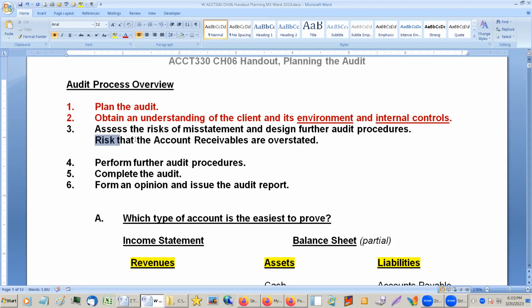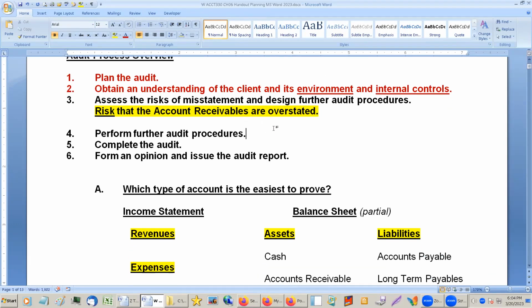Okay, so assess the risk. If we came up that there's a risk that the accounts receivable were overstated, maybe it could be in general what we noticed from last year. It could be we notice there's something different with the environment or the internal controls. It could be any number of things that say, okay, we've got to check these accounts receivable to see if they're overstated. That's one of the risks we have. And you have risks for a lot of different accounts and a lot of different things that are all interconnected. Receivables also go along with sales. So when you're testing for the receivables, you're also really testing for sales.